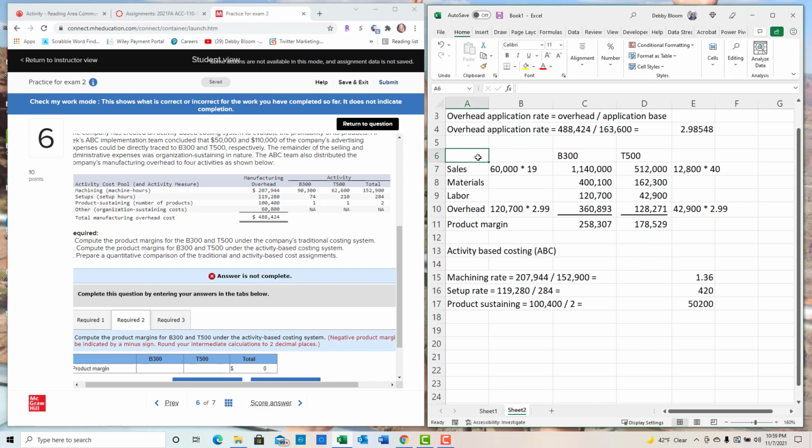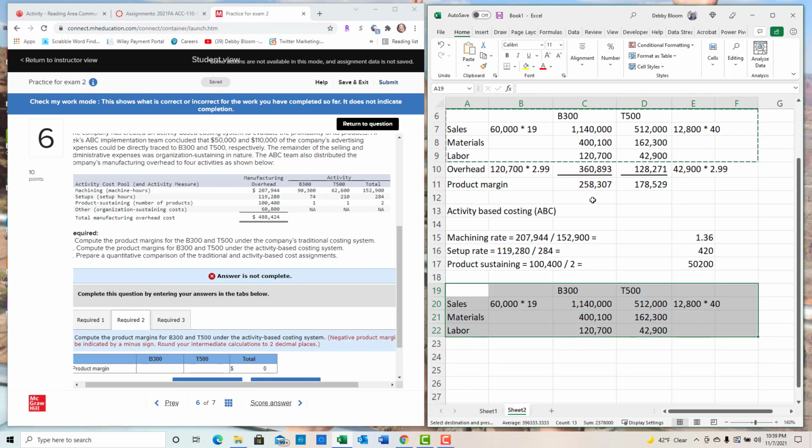Now what I'm going to do is copy the sales, material, and labor, since they're all going to stay the same. So to save time, I'm going to copy and paste down here.